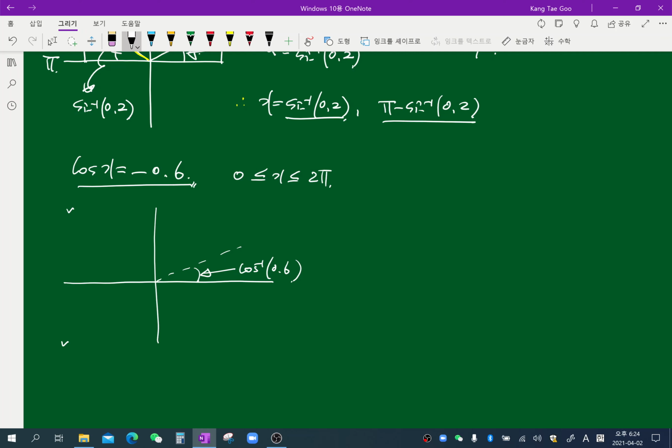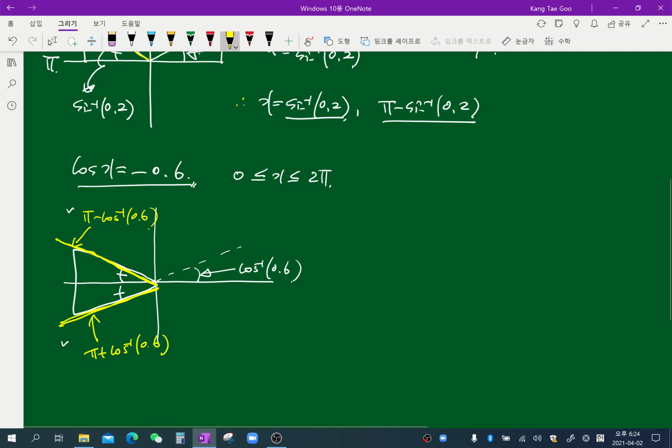This much angle must be in Q2 and Q3. Those angles are the same. So we can read this terminal to be pi minus cosine inverse 0.6. Then this terminal to be pi plus cosine inverse 0.6. So those two angles are the answers.